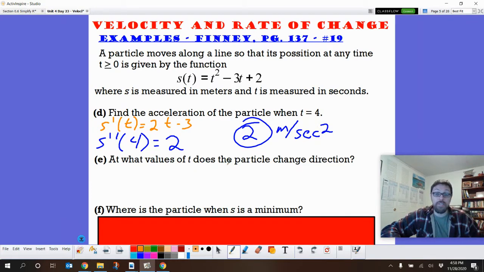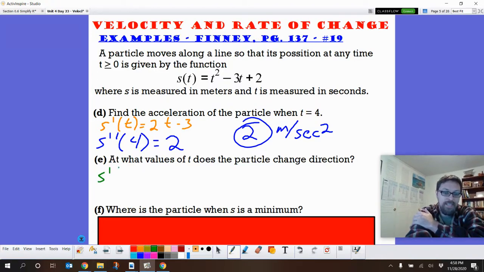At what values does the particle change direction? That is when the velocity is 0, so we want to see when the first derivative equals 0. When does s prime of t equal 0?